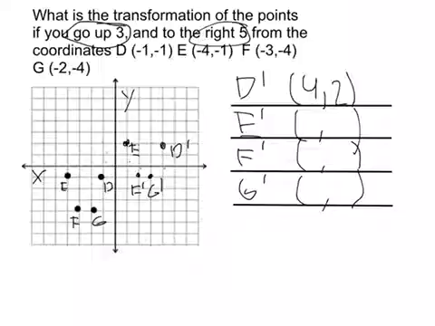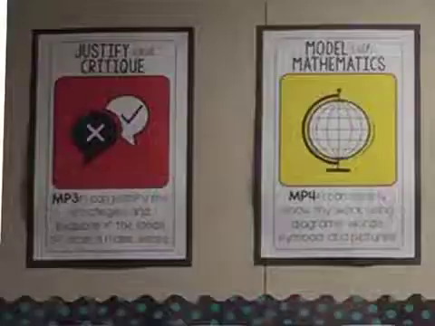So D is 4, 2. E is 1, 2. F is 2, -1. And G is 1, 2, 3, -1. And those are your answers for this specific transformation. And that's all you really have to do.